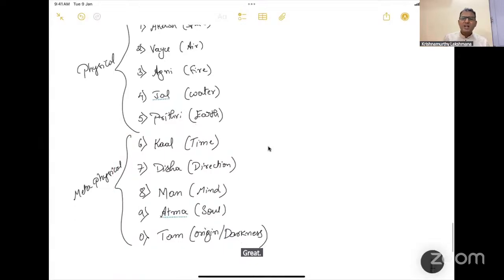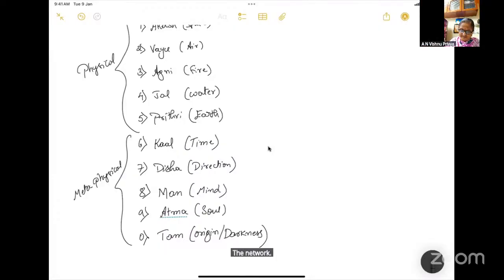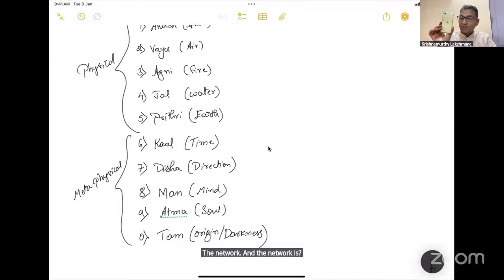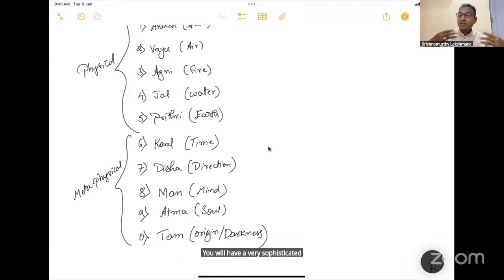It is something we can understand like a phone, right? If you want the phone to work properly, what do you need? You need a handset, which is visible. Along with the handset, you also require the network. And the network is invisible. So both visible plus invisible put together, you will have a very sophisticated machine, right?